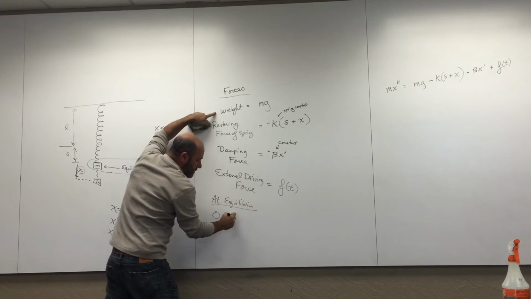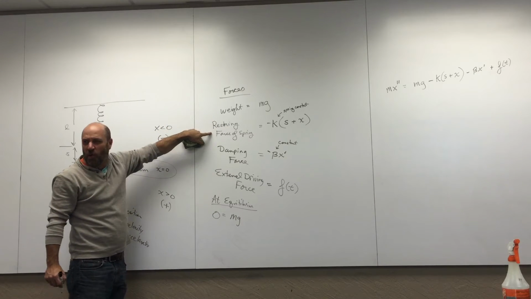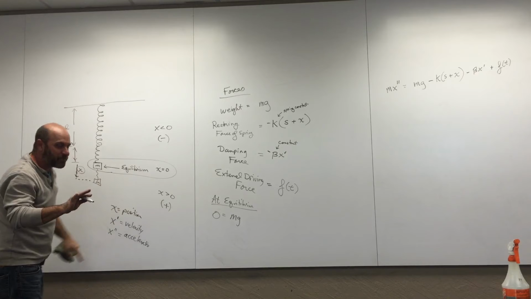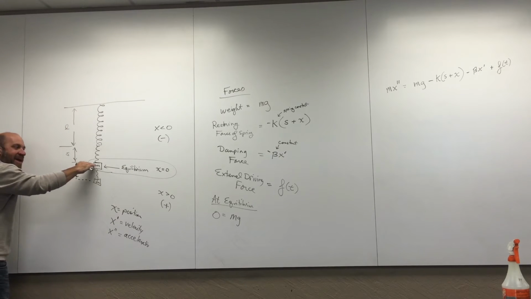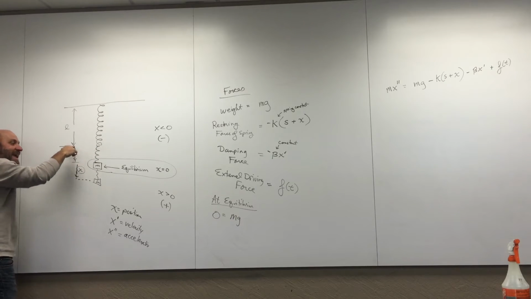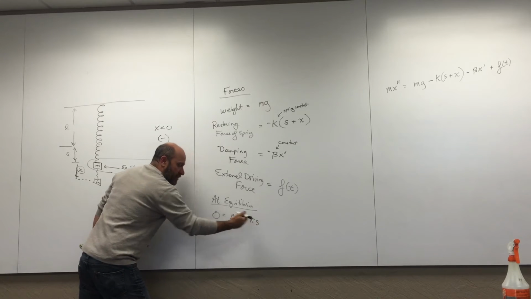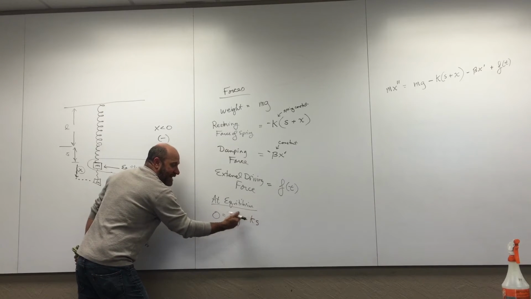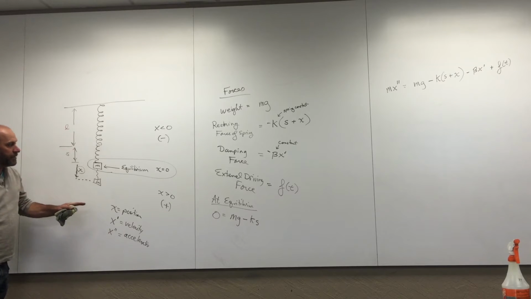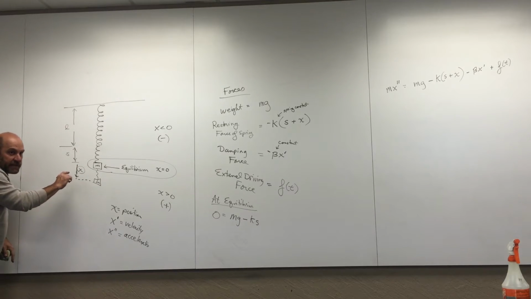So we've got the weight, and we've got this restoring force. But I have not pulled it down x. So now the restoring force of the spring is Ks. So mg minus Ks, those are the two forces acting at equilibrium. Are you guys okay? I didn't have that extra distance x to add in there.